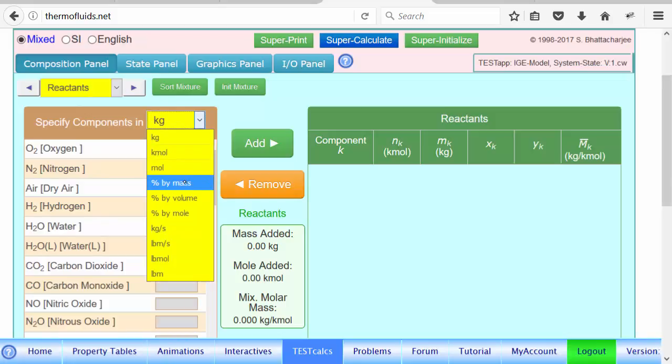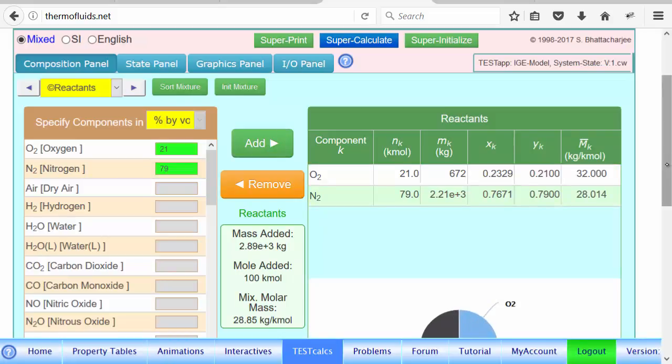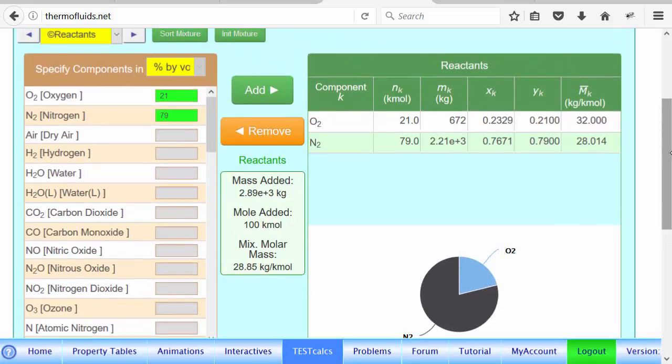So let's define our reactant by percent by volume again, 21 meter cube of oxygen and 79 meter cube of nitrogen, or percent nitrogen by volume. By volume and mole, they are proportional, you know that. Mole fraction and volume fraction are identical according to Dalton's theory. So we got our reactants very precisely defined.